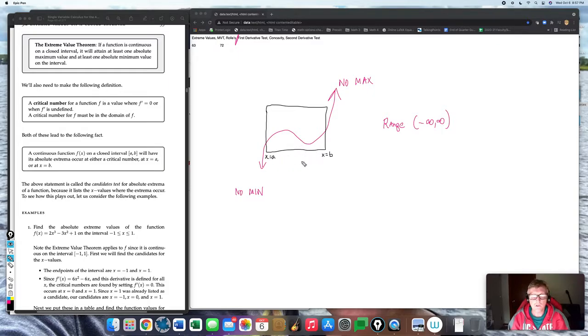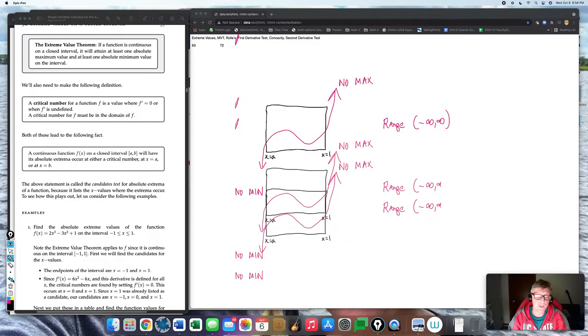So on a closed interval from a to b, as long as this function is continuous, so there are no breaks in the graph, no removable discontinuity, asymptotes, anything like that, as long as we have continuity, and not even differentiability, right? So even if there's a sharp point or something like that, there has to be a biggest y value and a smallest y value in the closed interval. Okay, now without that black box being drawn there, we wouldn't be able to say that, right?